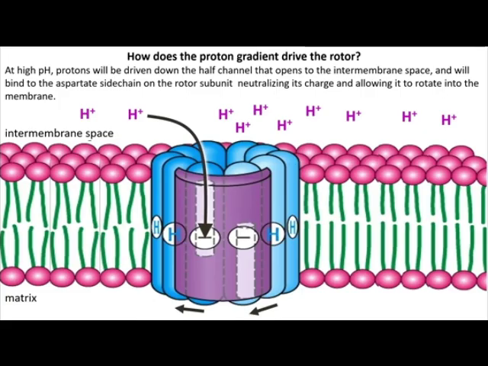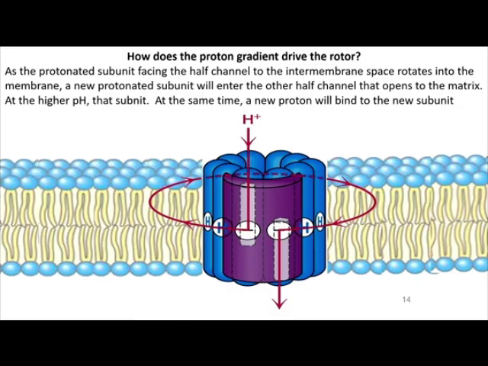And then, as it moves, the proton that was in the C10 subunit outside of the A subunit in purple will move in here, and will it tend to come off or stay on the aspartate in the lower half channel? The high proton concentration drove the proton onto the rotor on this side.